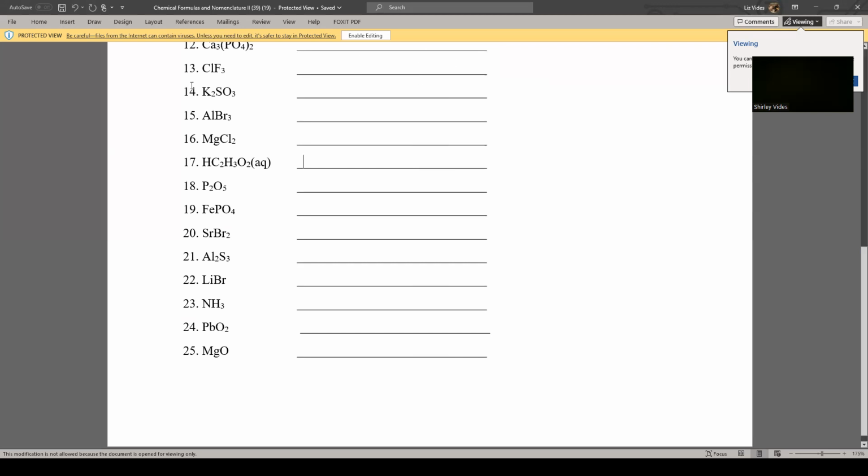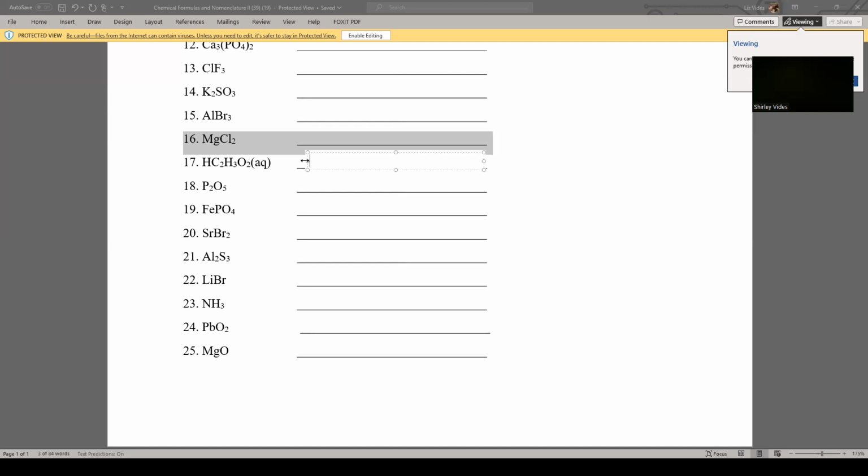Oops, why are you not typing? Sorry. Okay, right here. We were typing right here. So this is acetate. And remember, ATE changes to IC. And there's acid. P2O5, that is telling me diphosphorus.